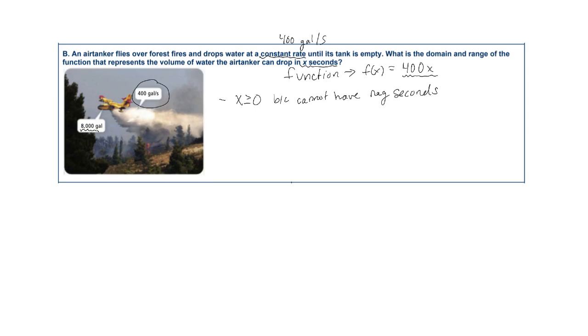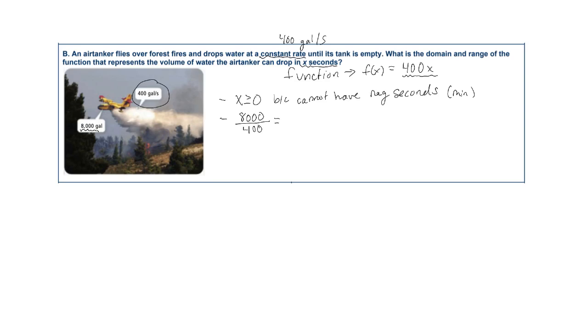Now, we want to find the max. Okay, so this is our minimum amount of seconds. Now we want to find our max amount of seconds. Well, we know there's 8,000 gallons, and we lose 400 gallons per second.